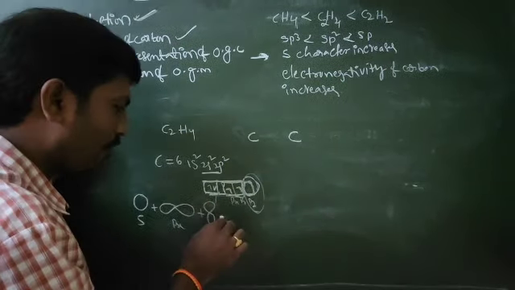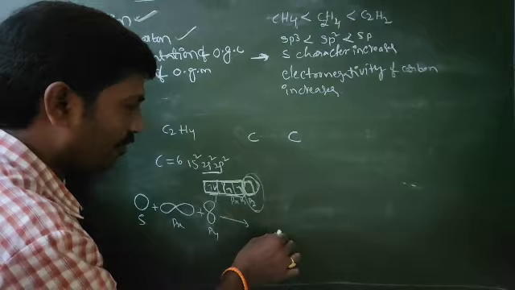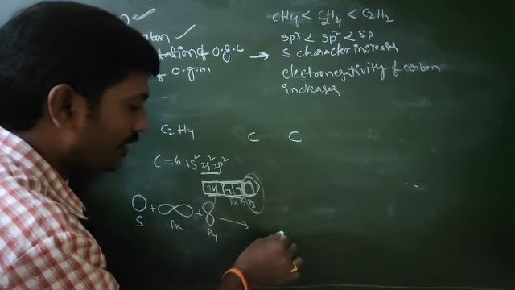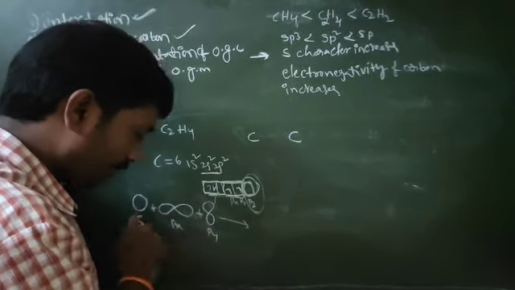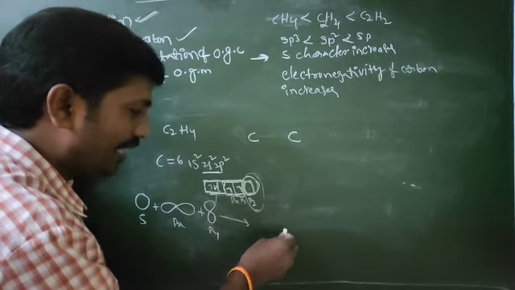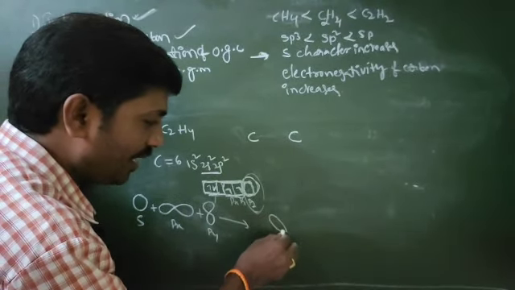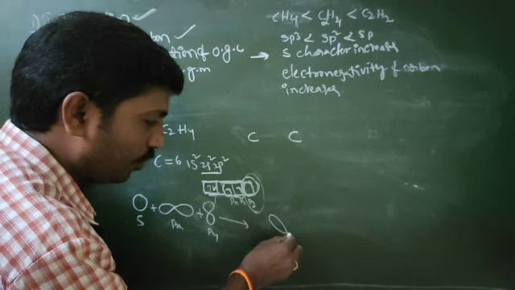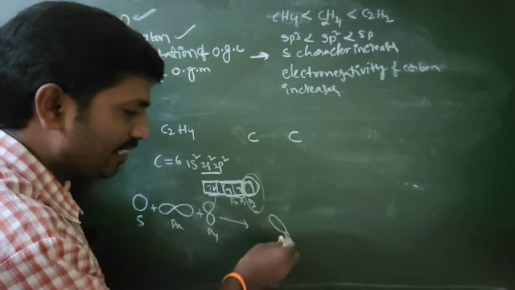Now what will this form? How will it form bonds? See, these orbitals intermix. After hybridization, 3 hybrid orbitals will come. Each hybrid orbital has one big loop, and the second loop is very small.